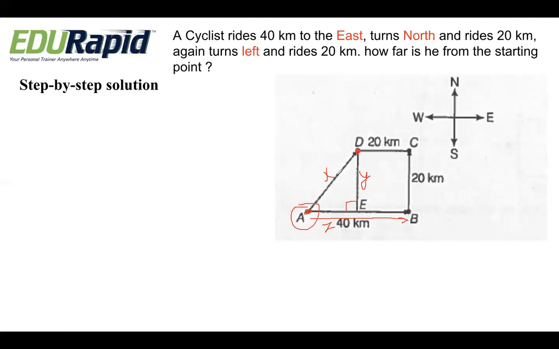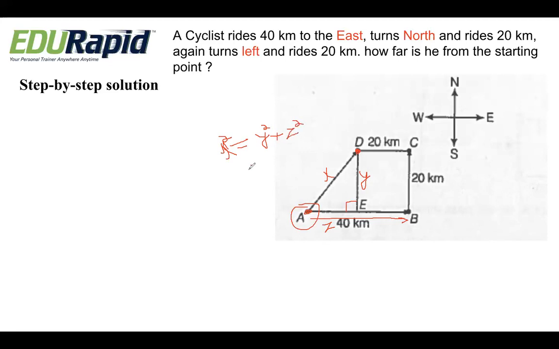So in a right angled triangle, Pythagoras theorem says x square is equal to y square plus z square, right?